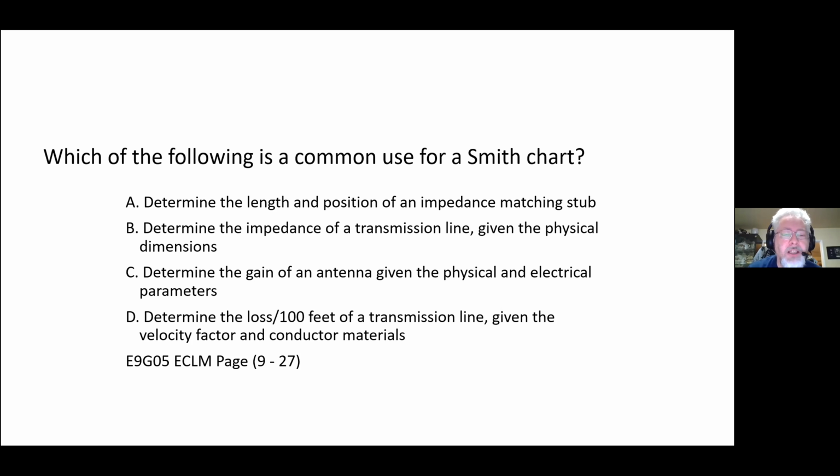C, determine the gain of an antenna given the physical and electrical parameters. D, determine the loss per 100 feet of a transmission line given the velocity factor and conductor materials. Alpha is correct. Determine the length and position of an impedance matching stub.